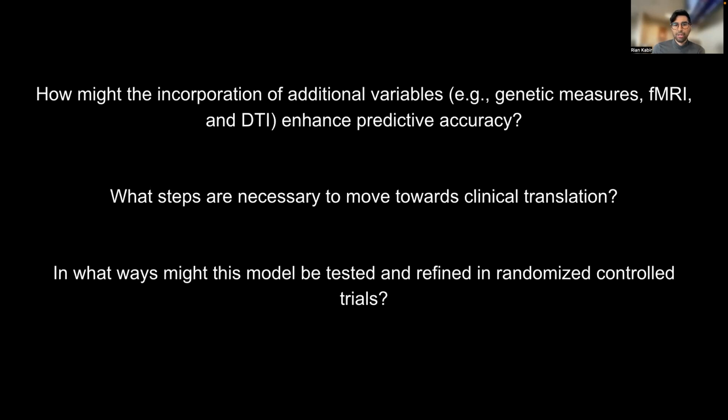And so some things to consider as we wrap up this presentation. How might we consider additional variables in a model? So this particular paper just used EEG, but the original CAN-BIND study collected a bunch of other data: genetic data, fMRI, different questionnaires. This probably might be able to be done now.